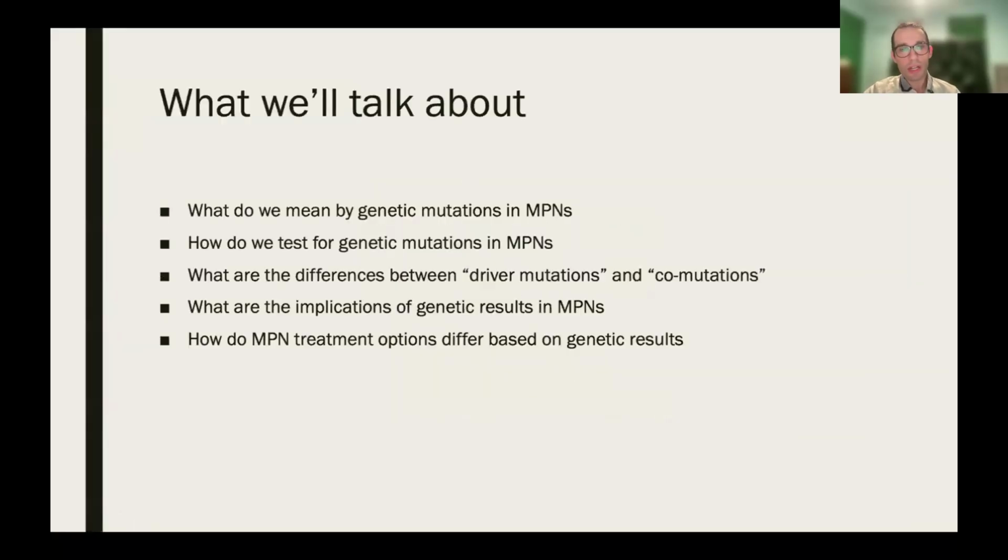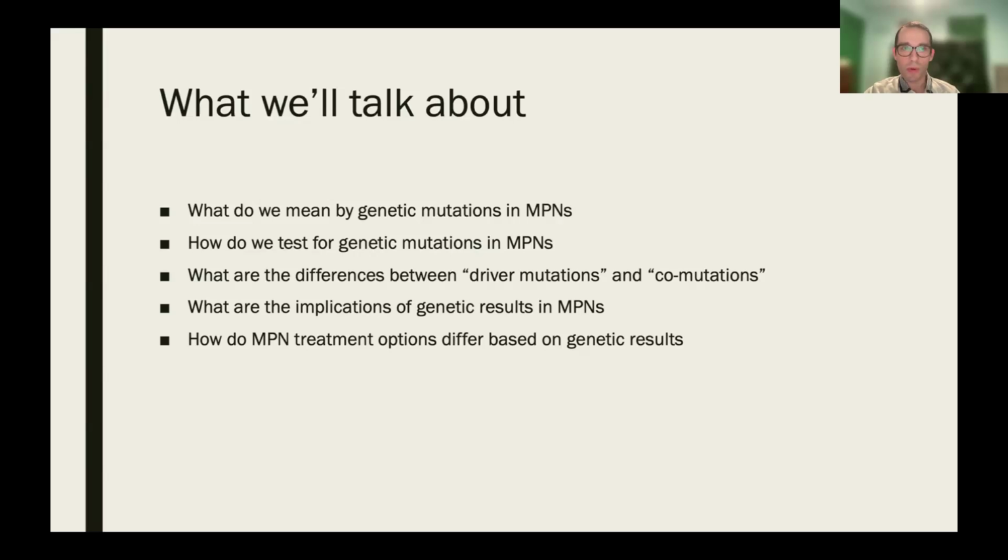All right, an overview of what we'll talk about. First of all, what do we mean by genetic mutations exactly in MPNs? How do we test for those genetic mutations? We'll talk a little bit about the difference between driver mutations and co-mutations. The emphasis of this talk is really on co-mutations over driver mutations, since driver mutations are expounded upon in other settings and are frequently the stars of talks.